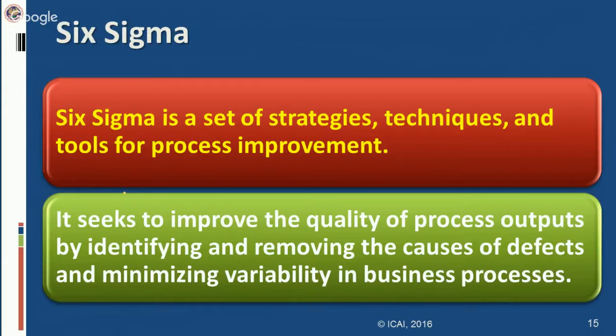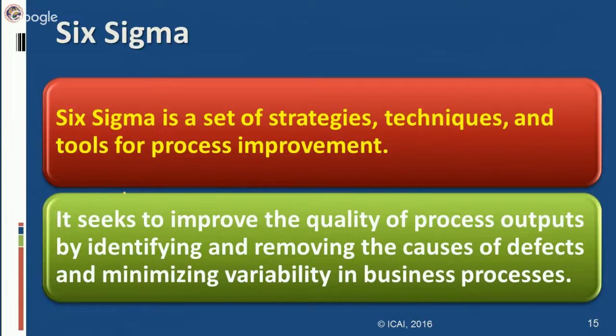Now Six Sigma is a set of strategies, techniques and tools for process improvement. What does it mean? It means that each Six Sigma project carried out within an organization will follow a defined sequence of steps and will have quantified value targets.